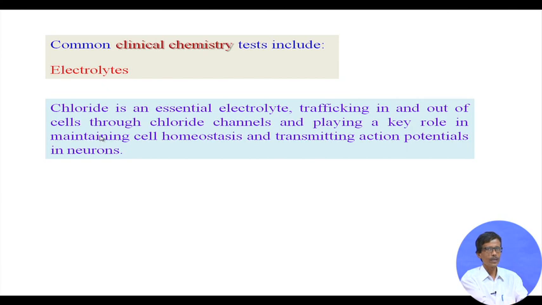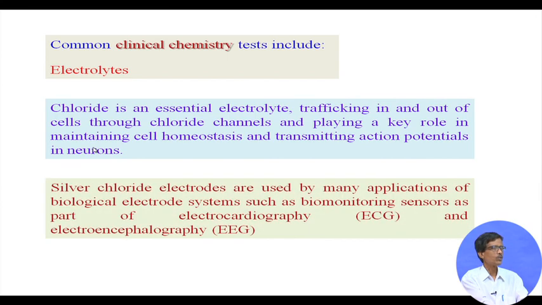We talk about the sodium potassium pump, but we do not talk much about the chloride concentration, even though there are chloride channels like the sodium, potassium and calcium channels. Cell homeostasis and the transmission of action potentials in neurons depend on varying chloride concentration, like the proton concentration and the proton motive force.